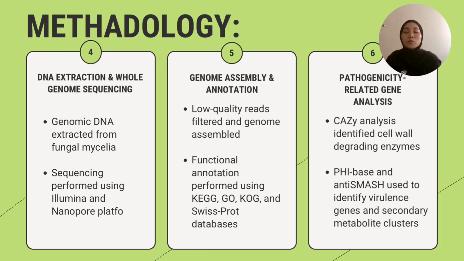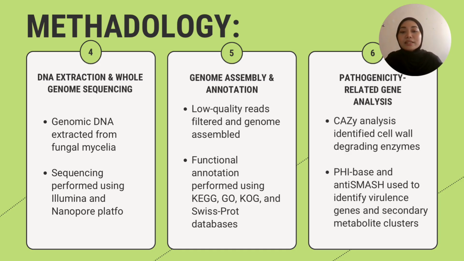Next, the study continued with DNA extraction and whole genome sequencing. Genomic DNA was extracted from fungal mycelia. The researchers then used both Illumina and Nanopore sequencing platforms. Illumina provides highly accurate short reads, while Nanopore produces longer reads that help improve genome assembly quality.